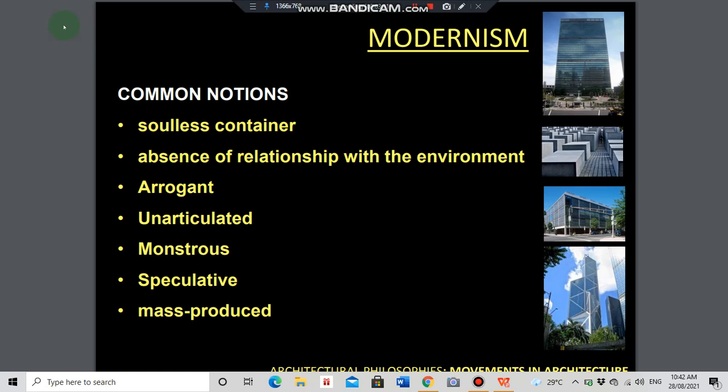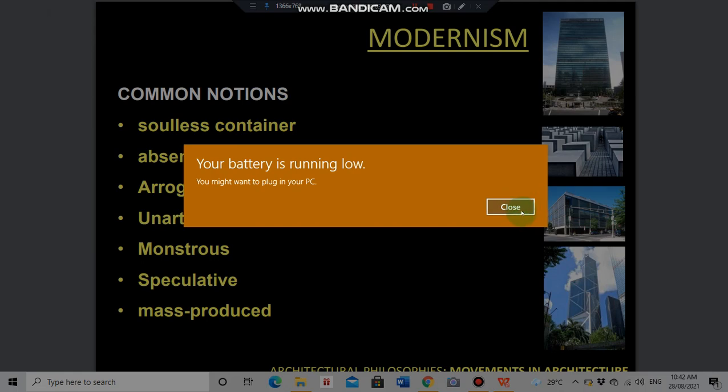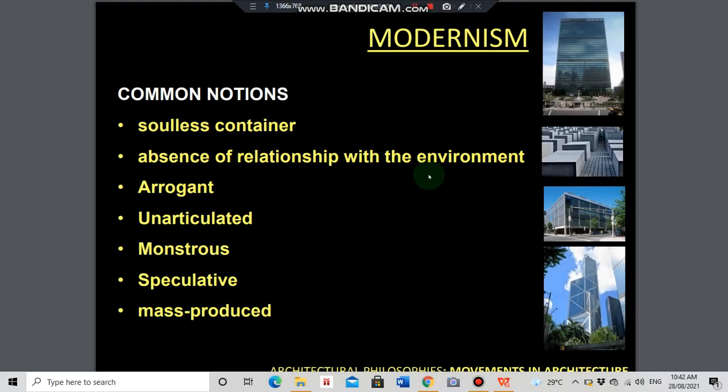No? Next belief about modernism is arrogant. So when you say arrogant, revealing an exaggerated design. So, ayan yung paniniwala sa modernism, that modernism is an arrogant type of design.